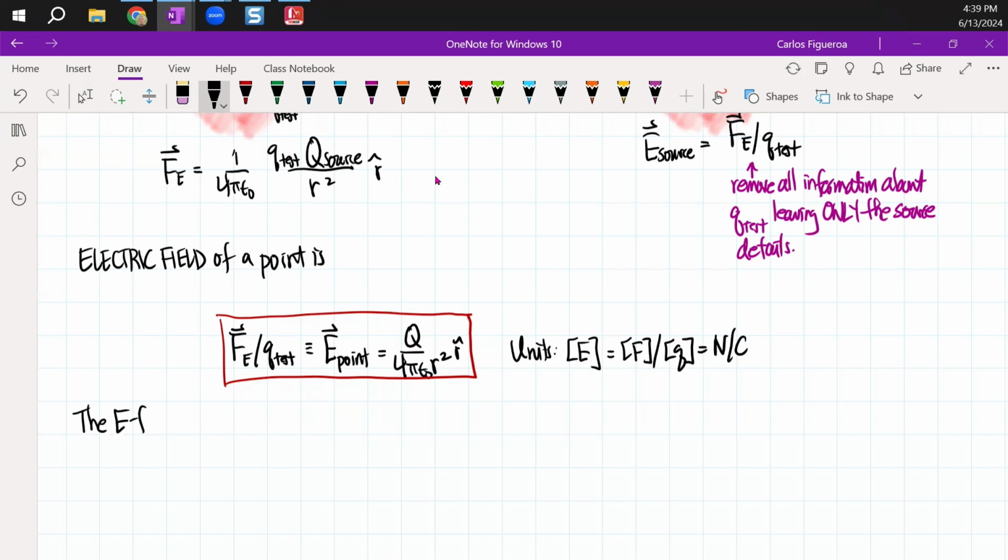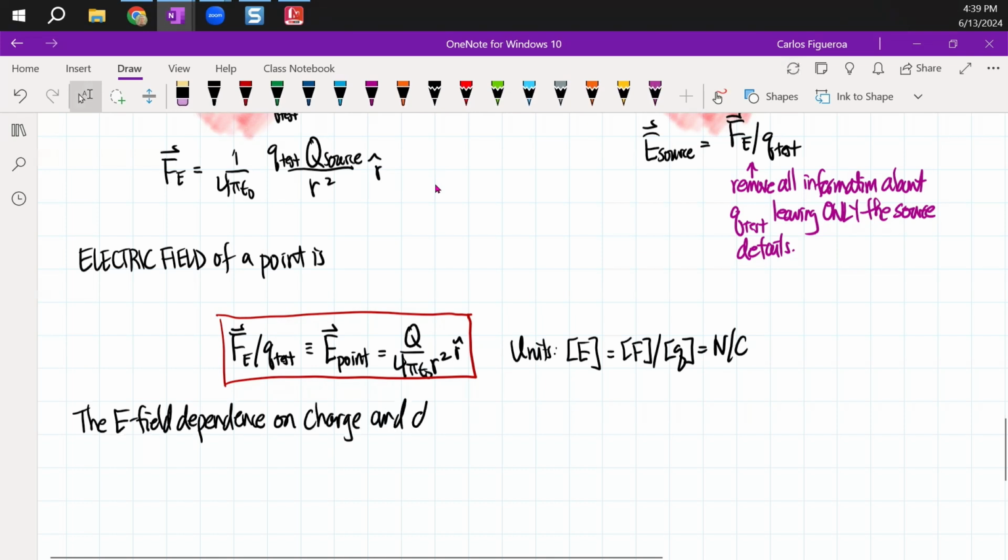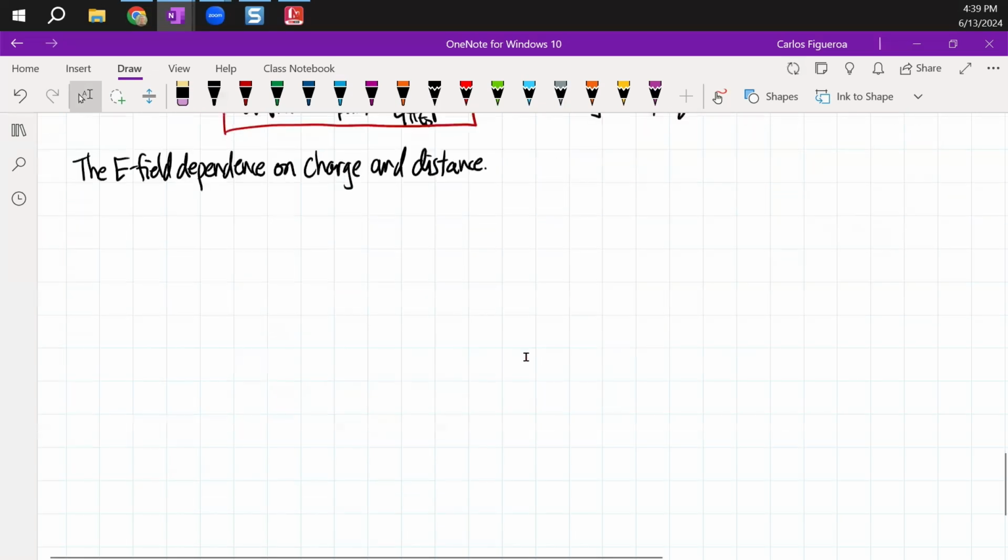The electric field depends on charge and distance to the point P. So let's look at these, and they go something like this. I have charge dependence, Q.